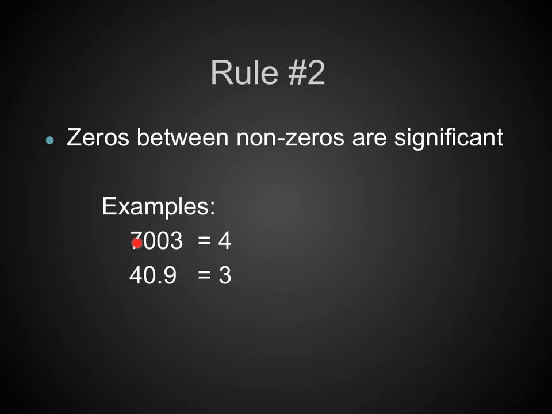So this one happens to have 4 significant digits. This guy down here has 1 zero that's sandwiched between a 4, which is significant, and a 9 that is significant. So that number, 40.9, has 3 significant digits. Make sure that you pause me and write down rule number 2 in your notebook.